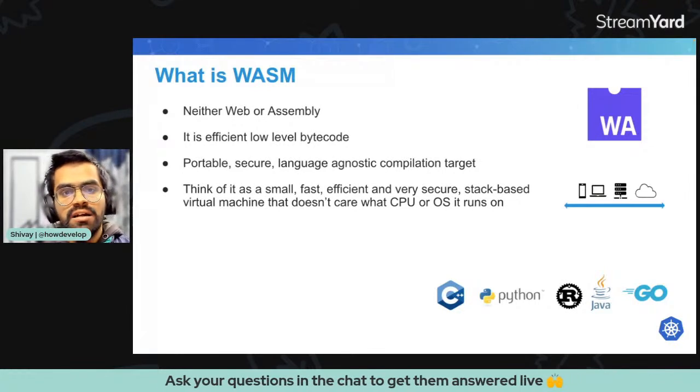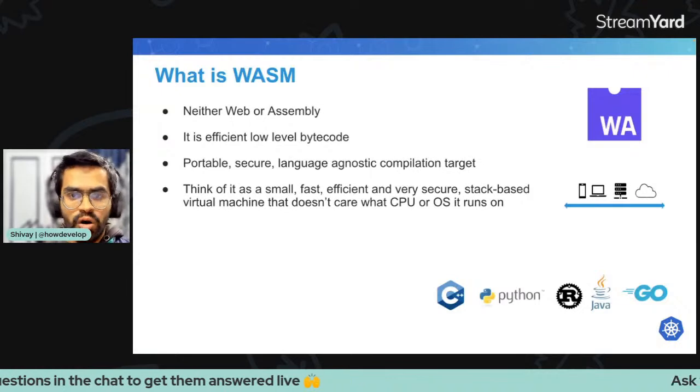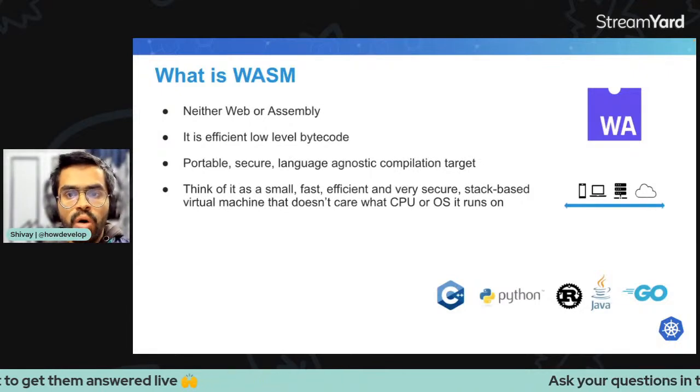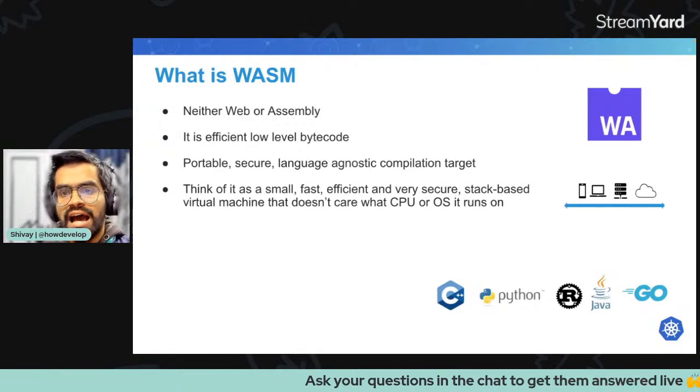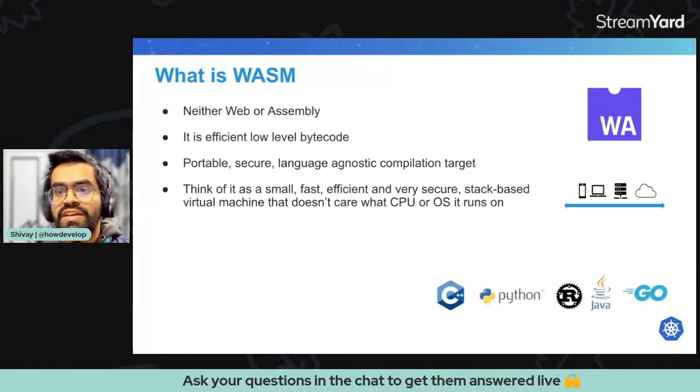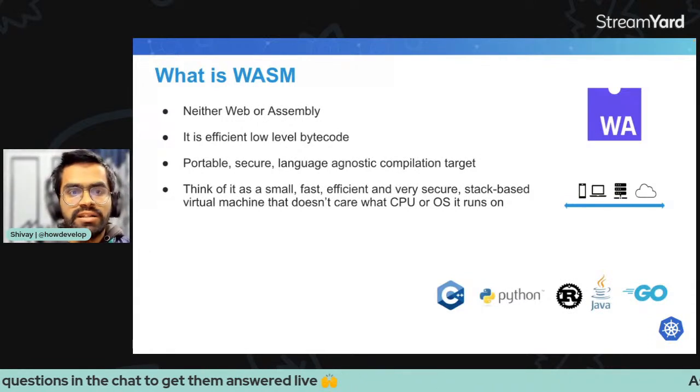It is essentially a low level bytecode that works very near to how your native applications work. Of course, it's not directly native, but it works at such a low level that it's very similar to native applications.